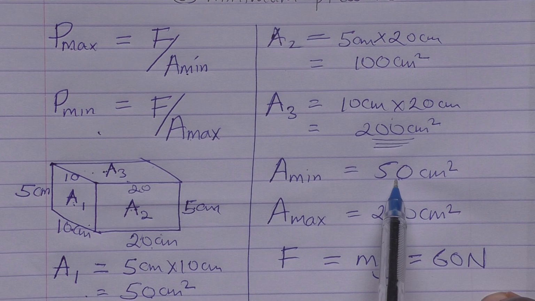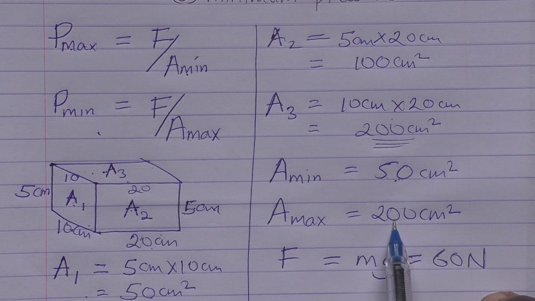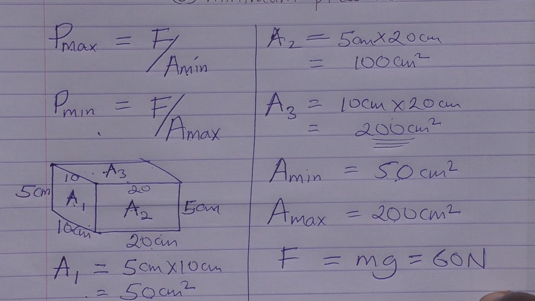Therefore, if we square, we get 1 meter squared equaling 100 times 100 centimeters squared, which is 10,000. So we shall divide this and that by 10,000 to change them to meters squared, then substitute in our formula so that we may be able to get the maximum and minimum pressure.